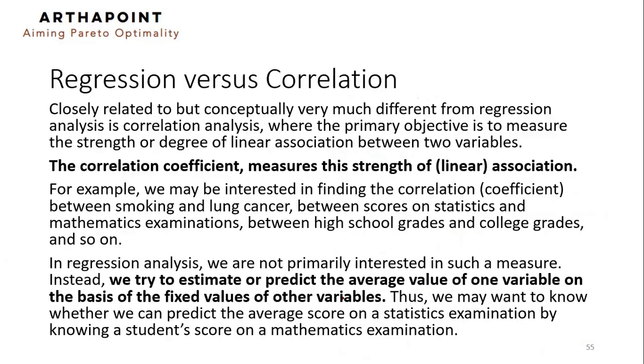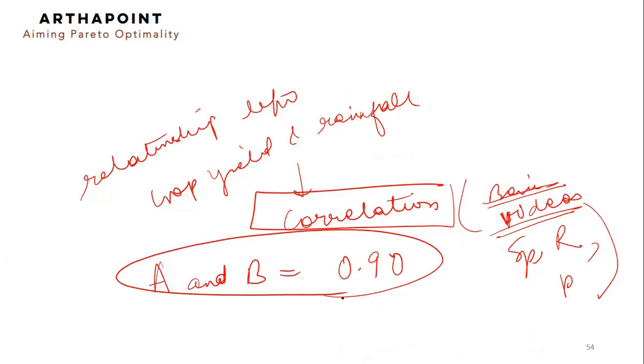Now, supposedly, I tell you that there is a correlation between crop yield and rainfall, and the correlation is 0.90. Then this doesn't give you the causation. This actually tells you that the two move in the same direction. As rainfall increases, crop yield increases. As crop yield increases, rainfall increases.